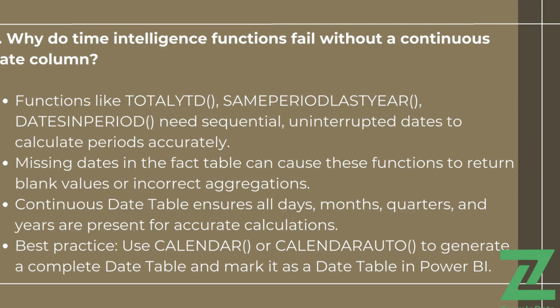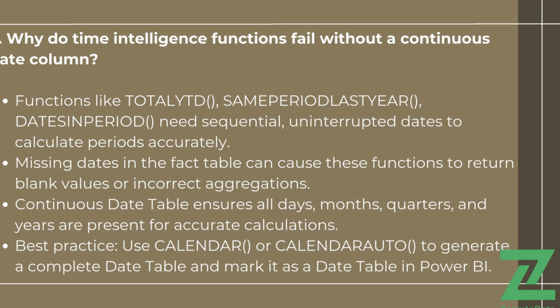Functions like total YTD, same period last year, dates in period, need sequential, uninterrupted dates to calculate periods accurately. Missing dates in the fact table can cause these functions to return blank values or incorrect aggregations.